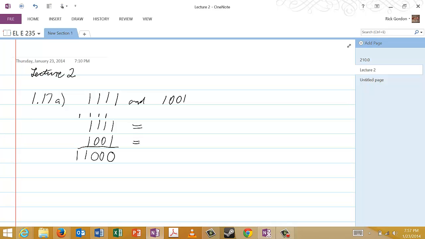So we'll look at each of these numbers in binary and in decimal, and make sure that we do have the right thing here. As usual, if we label the positions 0, 1, 2, and 3, then we see that the top number is 1 times 2 cubed plus 1 times 2 squared plus 1 times 2 to the first power plus 1 times 2 to the 0th power.